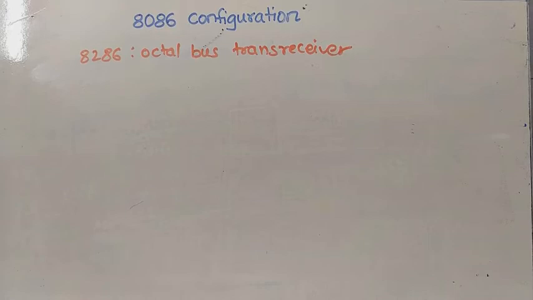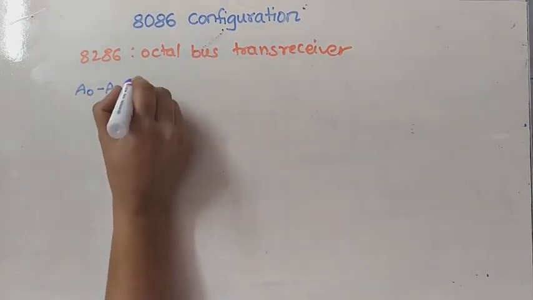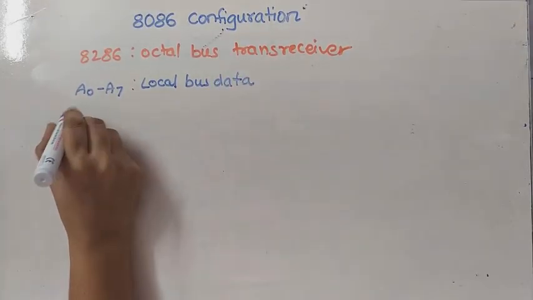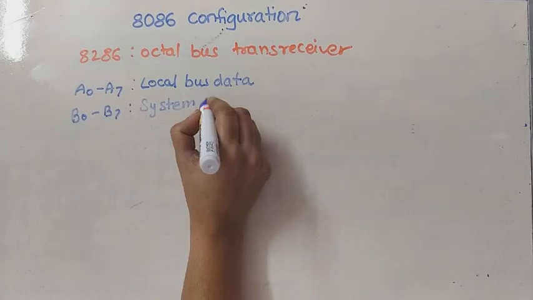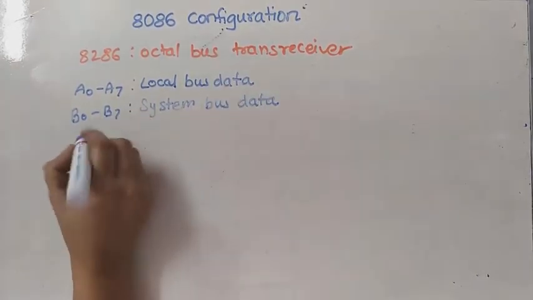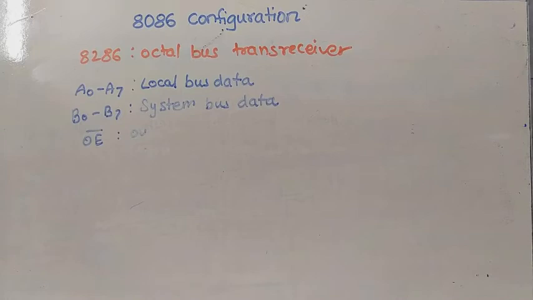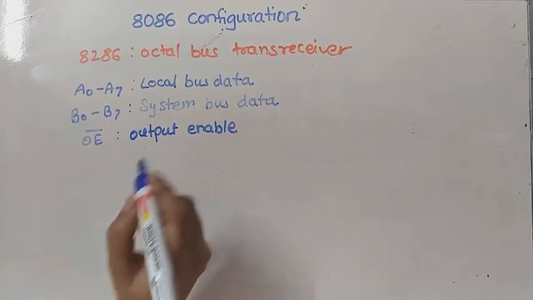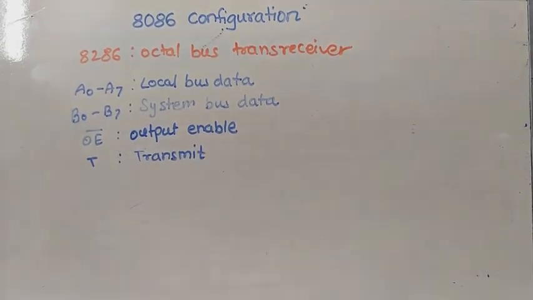Now the important pins of 8286 are A0 to A7, called local bus data, then B0 to B7, called system bus data, OE bar, called output enable, and T, which is nothing but transmit.